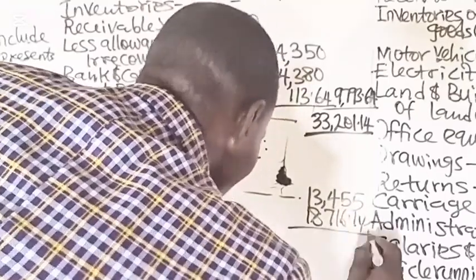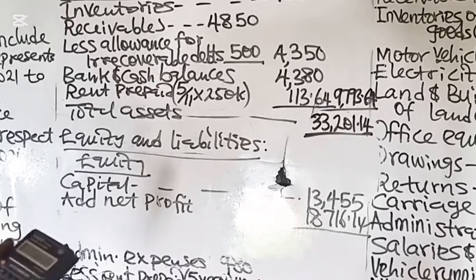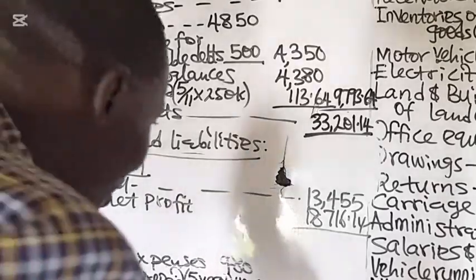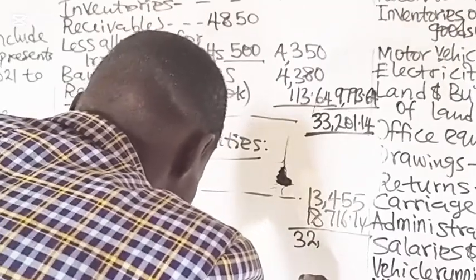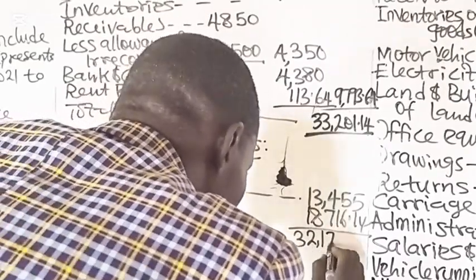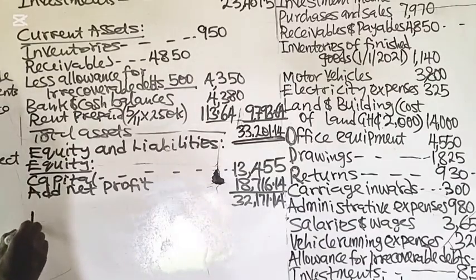So we have 13,455 plus 18,716.14. That gives us 32,171.14.